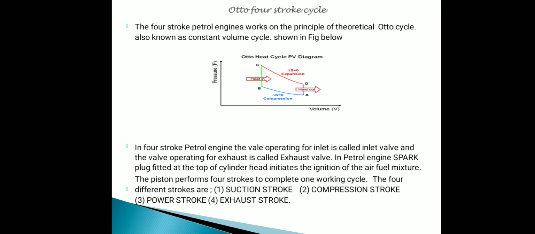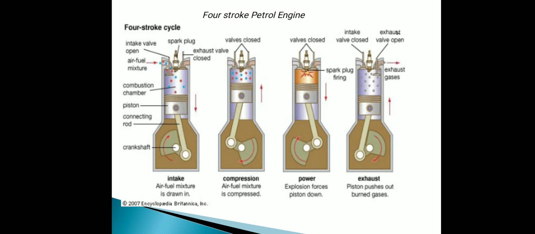take place in different strokes, namely suction stroke, compression stroke, power stroke and exhaust stroke. First of all, in the intake or suction stroke, the air-fuel mixture for the petrol engine enters through the inlet valve into the engine cylinder. Then the piston moves from BDC to TDC, and that is compression.